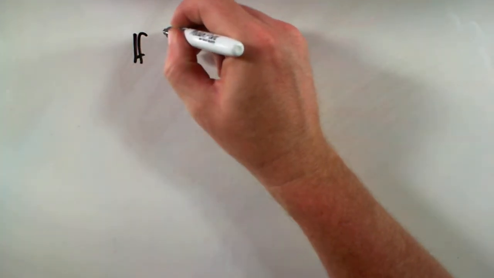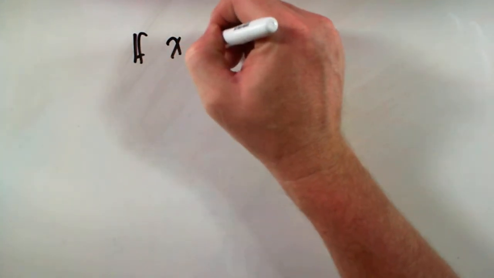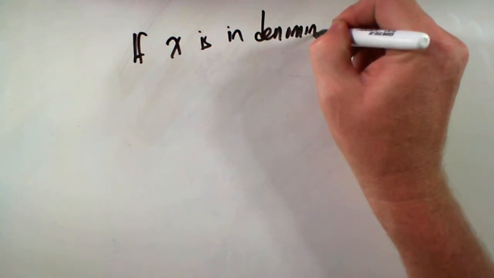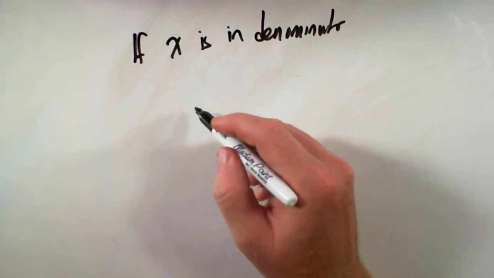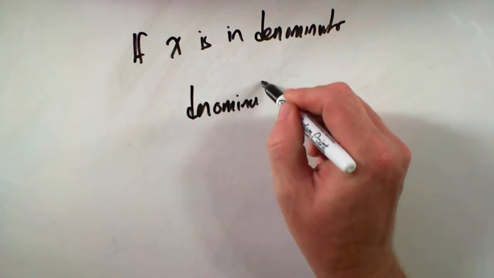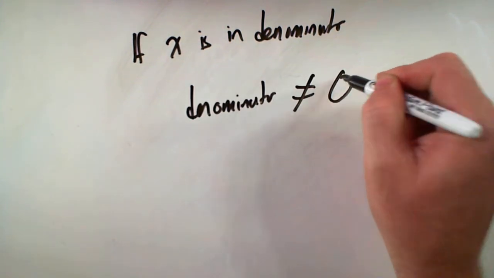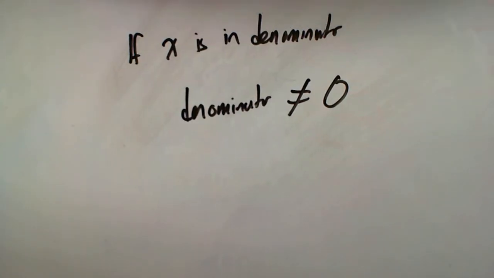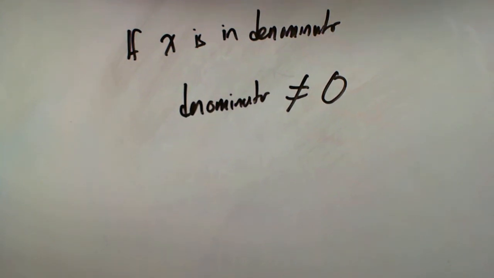If there is a variable in the denominator, the denominator cannot equal 0. Ever, ever, ever. So the denominator is never allowed to be 0.